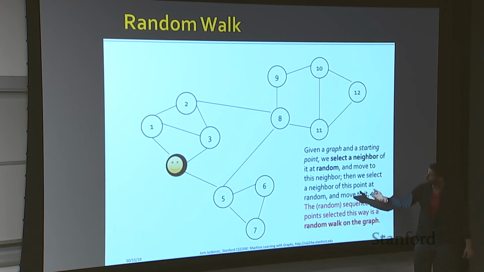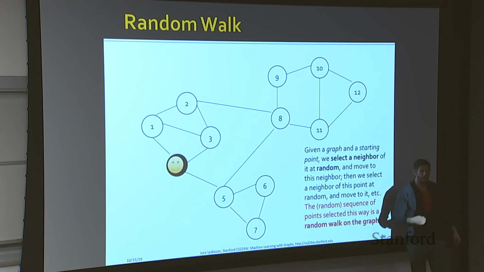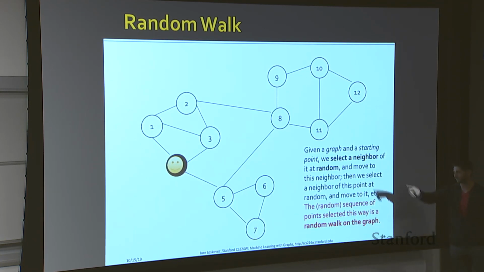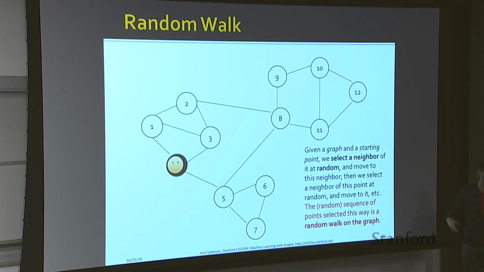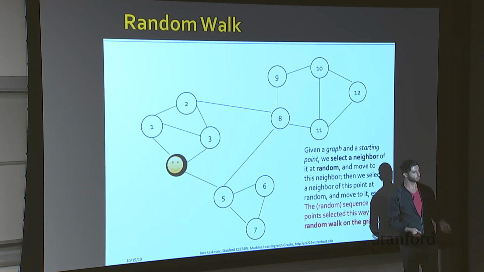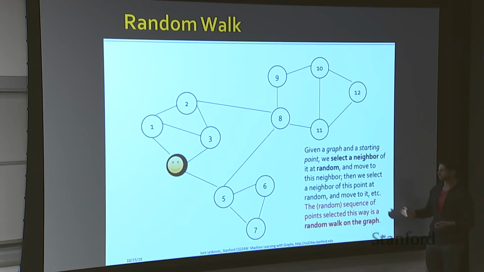Another parameter you can set is how long your random walk should be. In the animation, sometimes we explore 8 nodes, sometimes 2. You can also decide to have a bounded random walk, always exploring no more than 5 nodes. Each one of these choices comes with a certain trade-off, and we're going to see in the different techniques that random walks are used in slightly different ways.